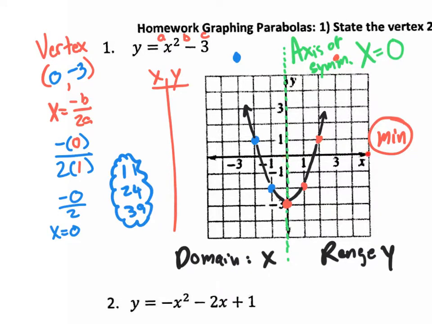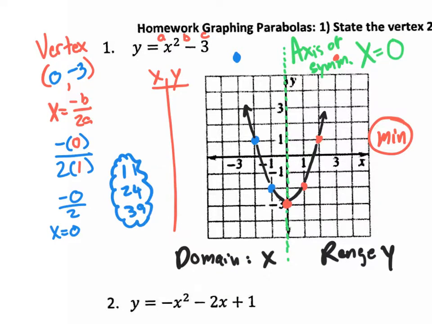Could I plug in a 5? Yeah, I could plug in a 5. 5 squared is 25. 25 minus 3 is 22. So when I go out to 5 for the input, I'll get a 22 for the output, which is off the graph. But my point is, it really does continue that way forever, and it really does continue this way forever. Because you could plug in any x value you want.